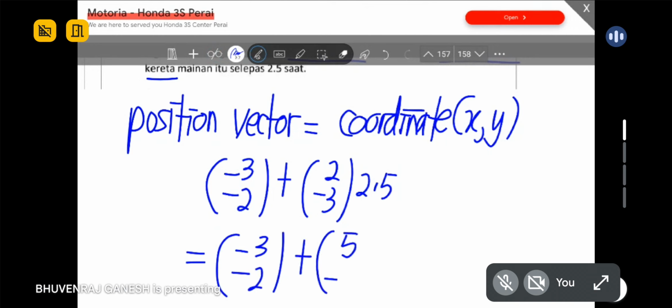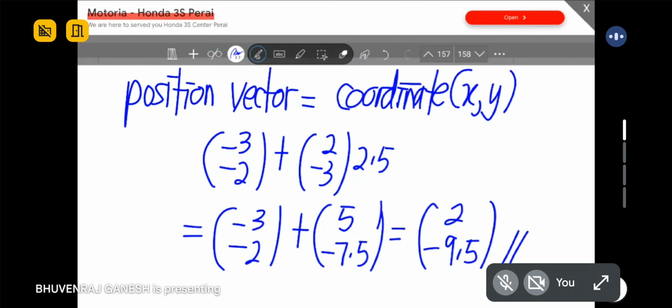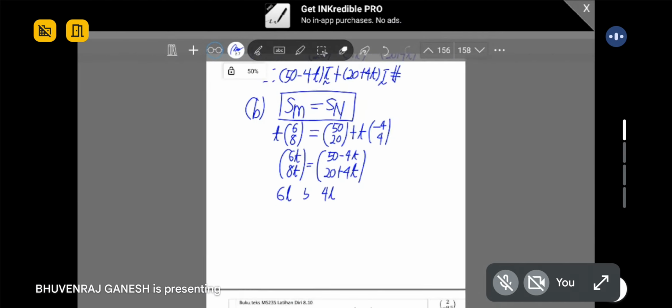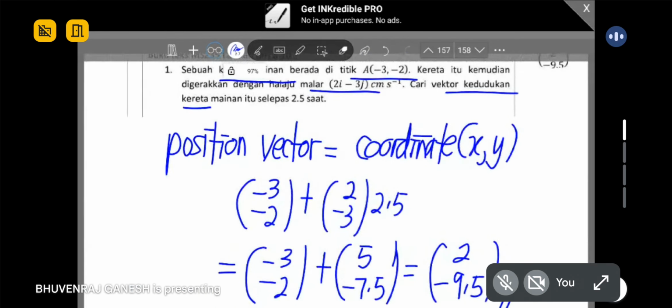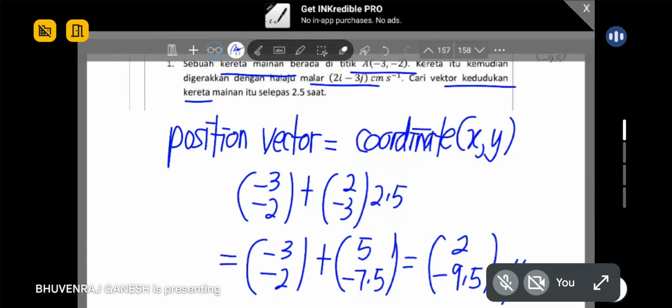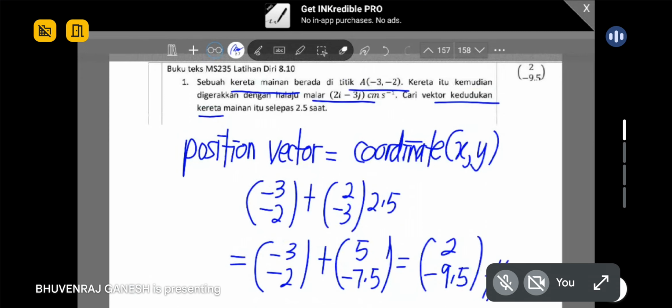Okay, so it's 5 negative 7.5. So your answer will actually get 2 and negative 9.5. So this is your position vector, guys. Vector kedudukan. Understand? That's all. This question like that only, guys. Itu saja. Clear? How to solve it? So whenever question say vector, position vector is your starting point plus how much you move. That's all. Okay? So take picture, guys.